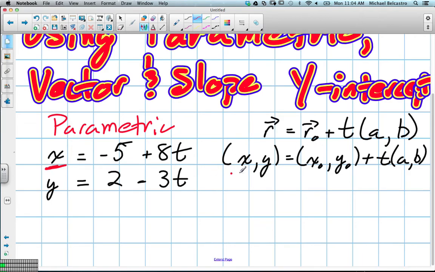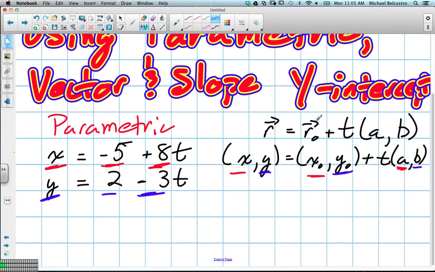So we'll relate these values. This is our x in this equation. Our x naught is -5. t is obviously t, and a is the value of +8. Same idea with y. y is y, 2 is our y naught, and -3 is our value of b.